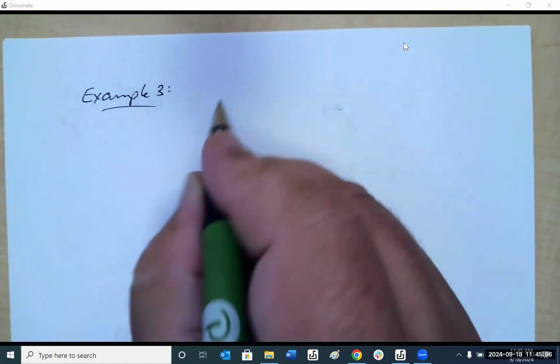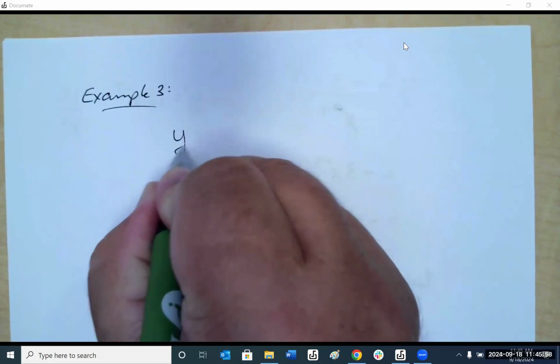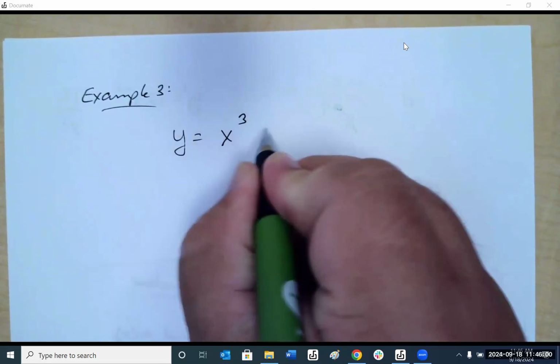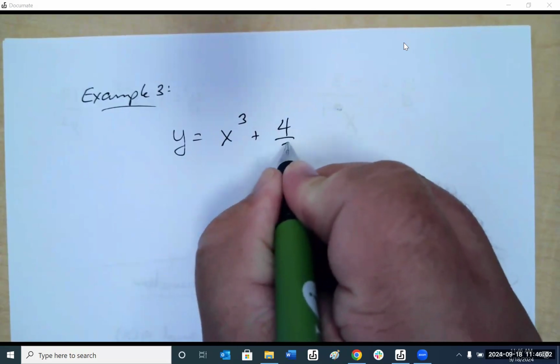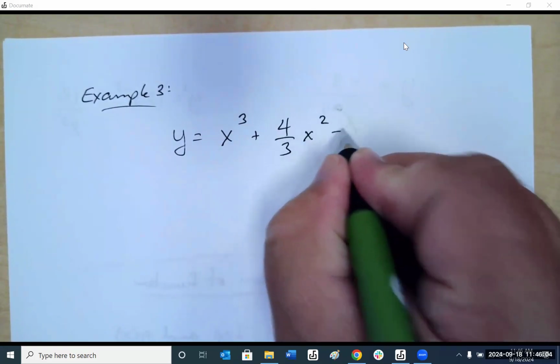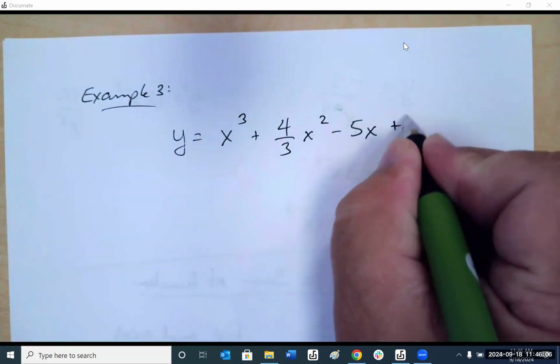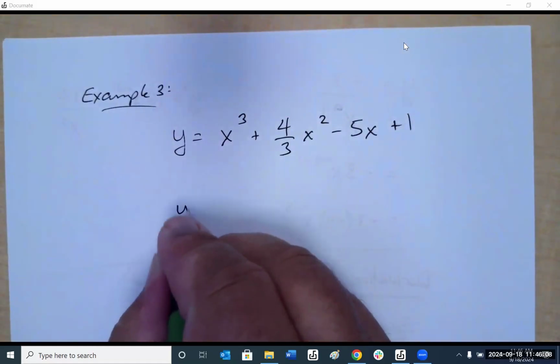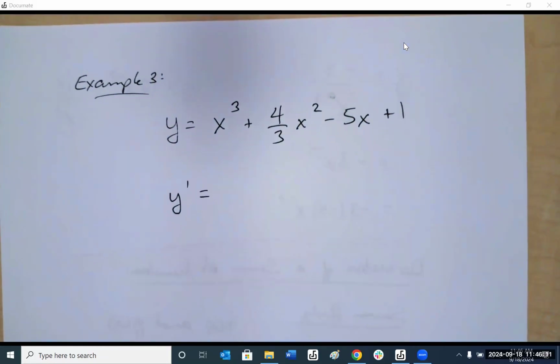I put the wrong example 3 down. I took the wrong numbers. X cubed plus 4 over 3x squared minus 5x plus 1. Find the derivative of the polynomial.